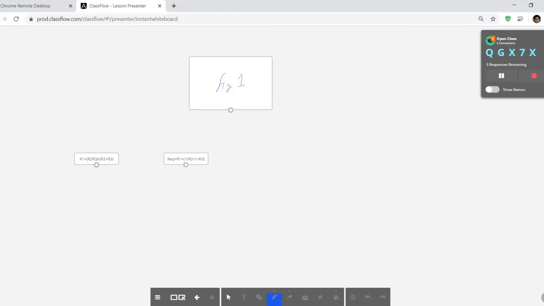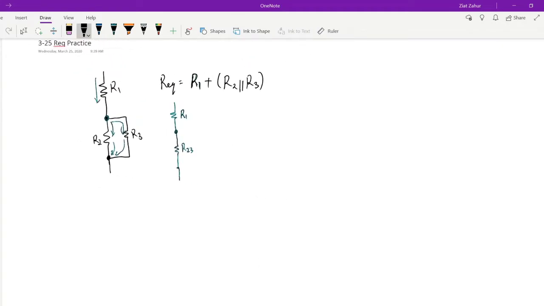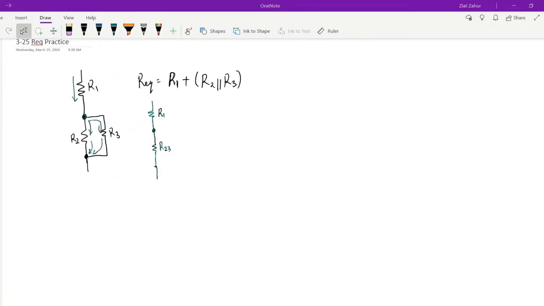Product over sum, product over sum. We also have 1 over R1. Careful with the 1 over rule. So one of you did the 1 over 1 over. The 1 over 1 over, remember, means there's a 1 in the numerator, and then it's the reciprocals.